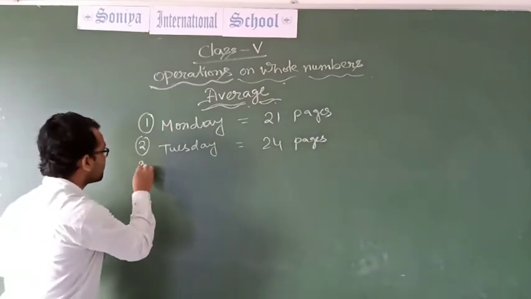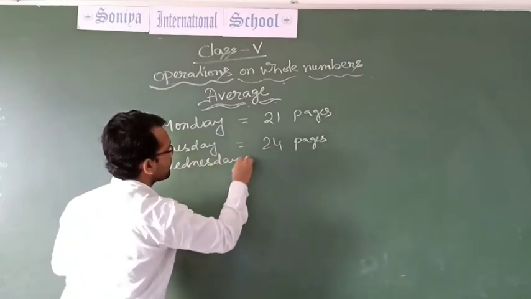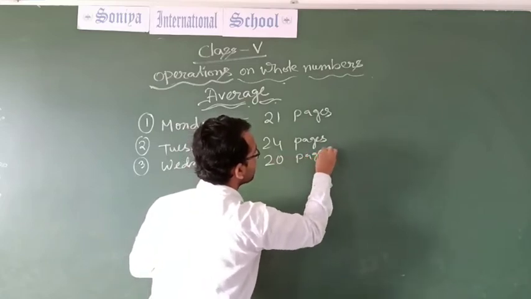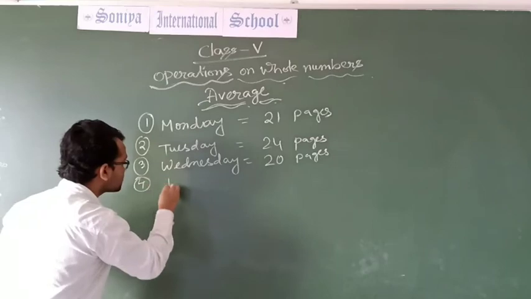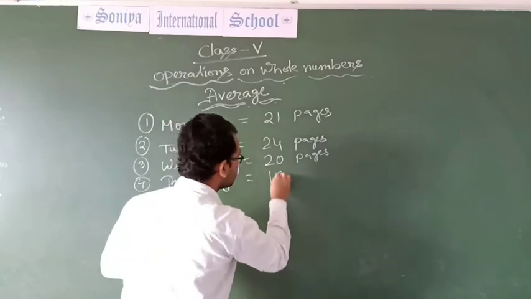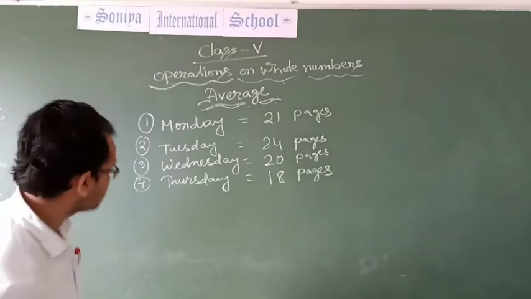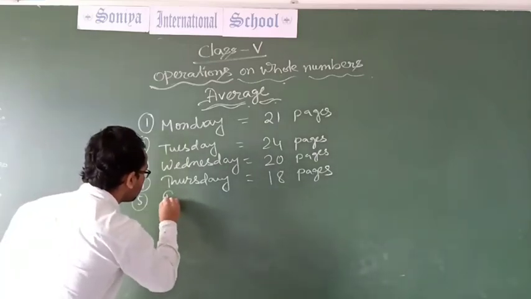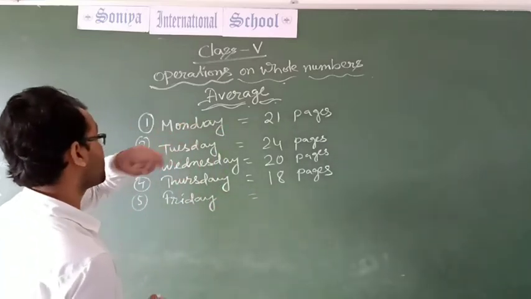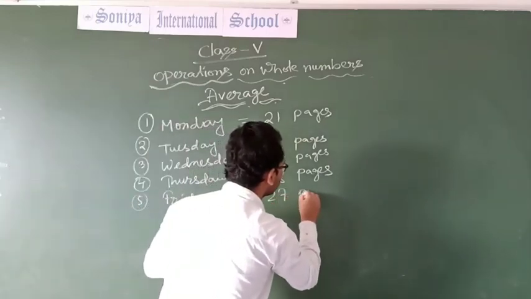Third day, Wednesday, 20 pages. Fourth, Thursday, 18 pages. Fifth, Friday, 27 pages.